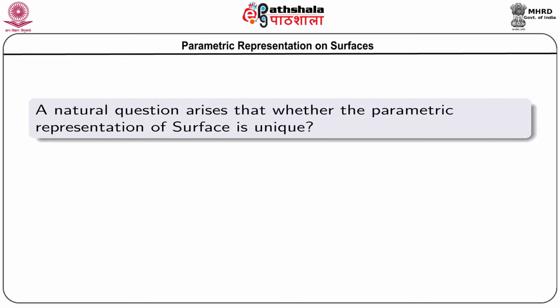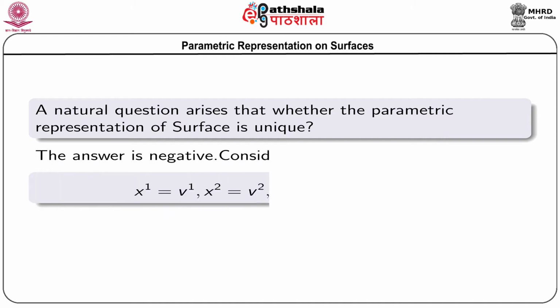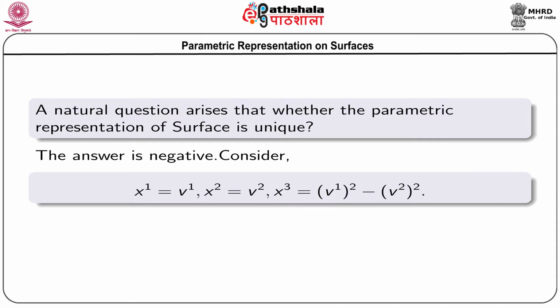Now, a natural question arises: whether the parametric representation of a surface is unique. The answer is negative. Let us consider the surface represented by the equation x1 equal to v1, x2 equal to v2 and x3 equal to v1 square minus v2 square.